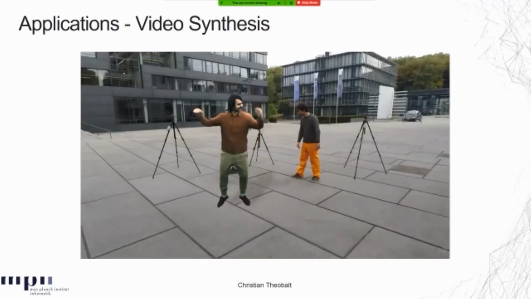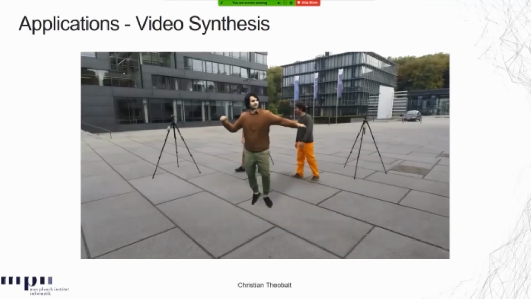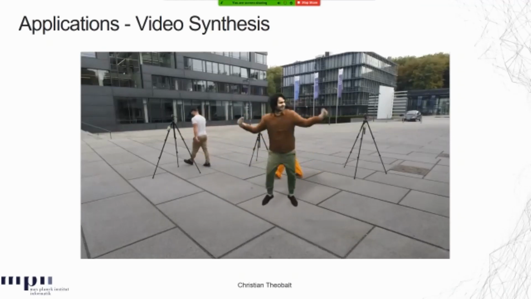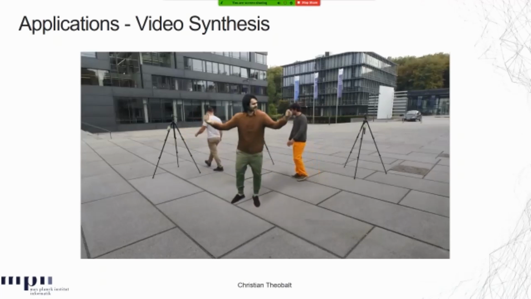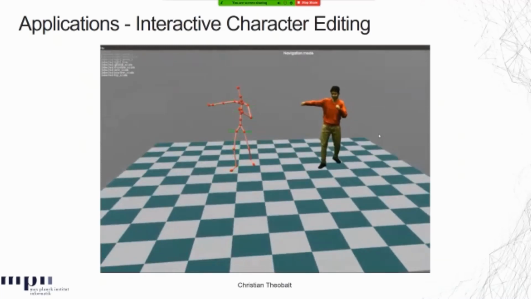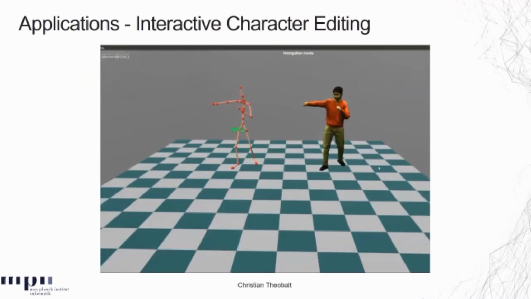As our characters look highly realistic, they can be used for several applications, such as video synthesis, where one can augment a real video with a synthesized character. Also, as our approach supports real-time performance, it can be used for interactive character editing. Here, the user is modifying the skeletal pose, and our approach immediately synthesizes the corresponding 3D photoreal character.